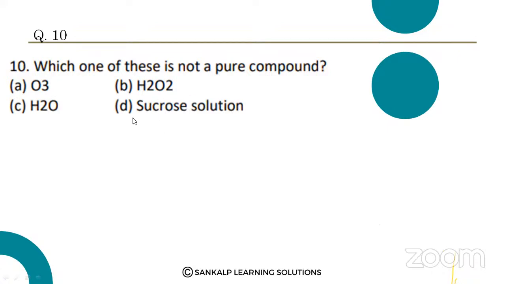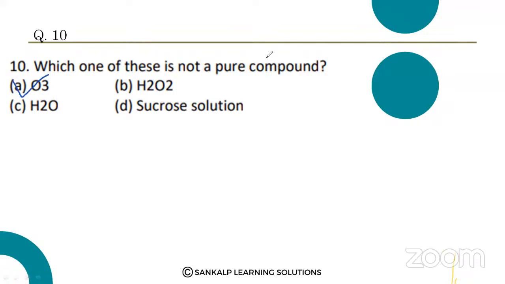So this is also a pure compound. So the odd one is O3. O3 molecule consists of 3 atoms of oxygen. A compound is 2 or more elements, so this is not a pure compound. This is the correct answer.